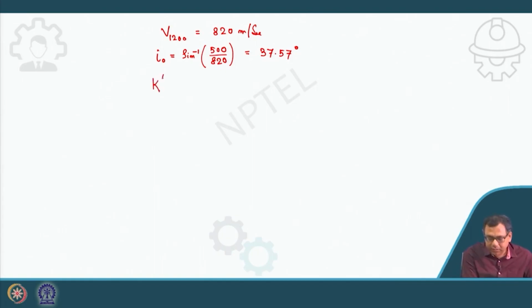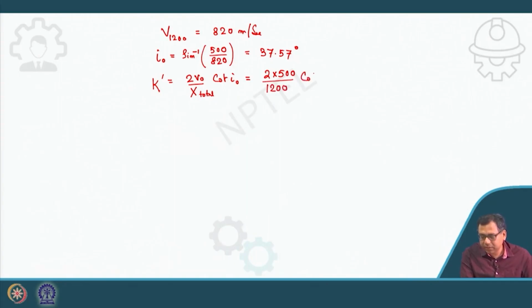So now here also K dash is 2 V0 by x total cot I0. So 2 V0 is 500, x total here is 1200, cot 37.57 degree, that is equal to 1.08.